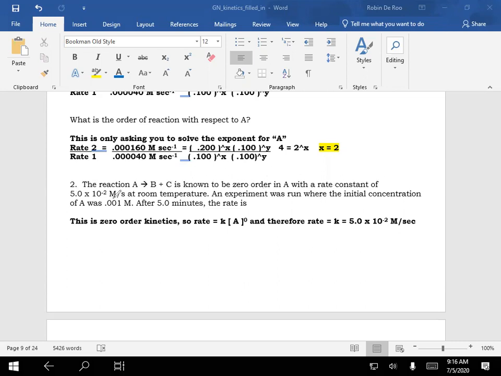The initial concentration of A was 0.001 molarity. After 5 minutes, the rate is, and we have to solve for the rate. Well, if we remember that it's 0 order kinetics, and this is our rate law, the rate equals the rate constant. So this is your rate.